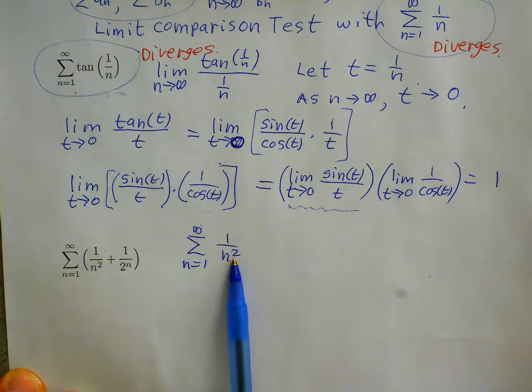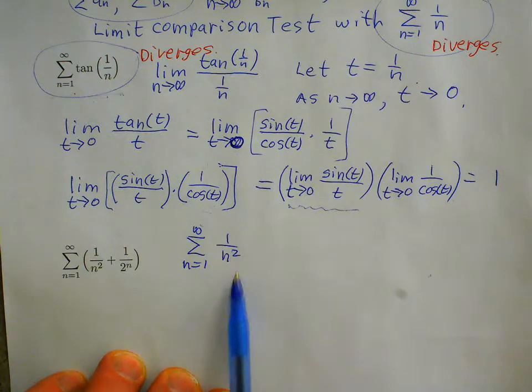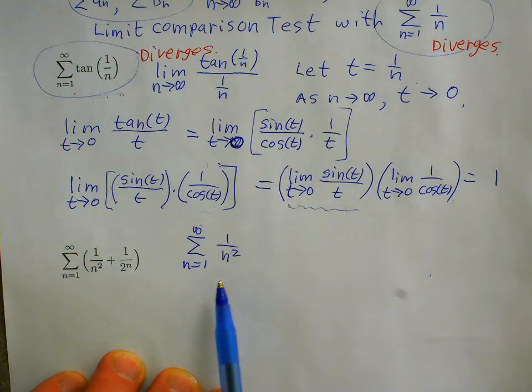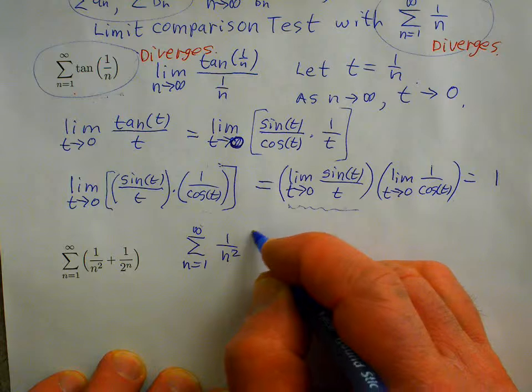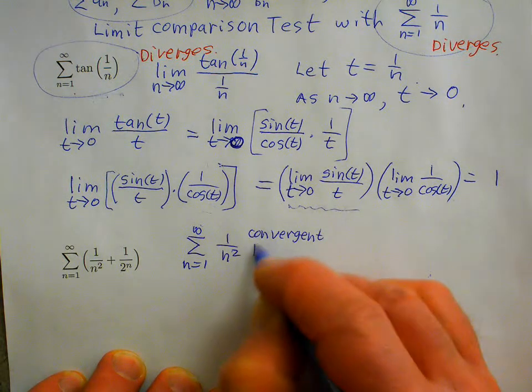The p-value is 2, and for a p-series, if p is greater than 1, it converges. I did say that right earlier, didn't I? So this one converges. Convergent p-series.